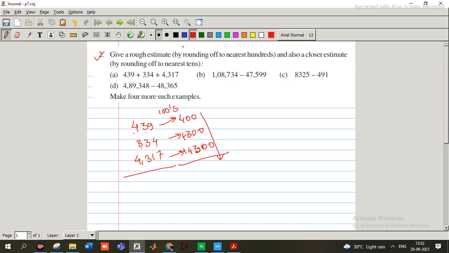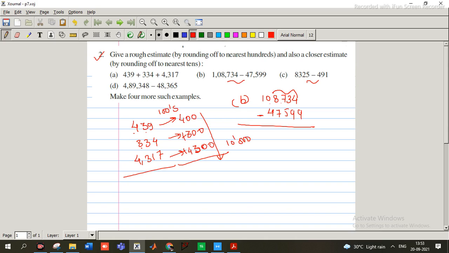Okay, so these are some more examples. Let's say this B: 8730 minus 47599. Once we subtract it, we can approximate it to the nearest 1000.